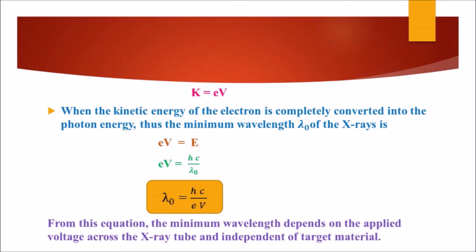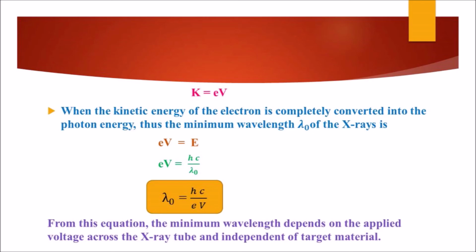When the kinetic energy of the electron is completely converted into the photon energy, thus, for the minimum wavelength lambda naught of the X-rays, eV equals E. Therefore, eV equals hc by lambda naught. We note lambda naught is the minimum wavelength. By cross multiplication, we get lambda naught equals hc by eV.